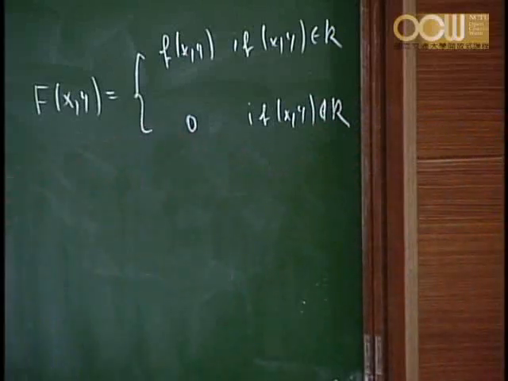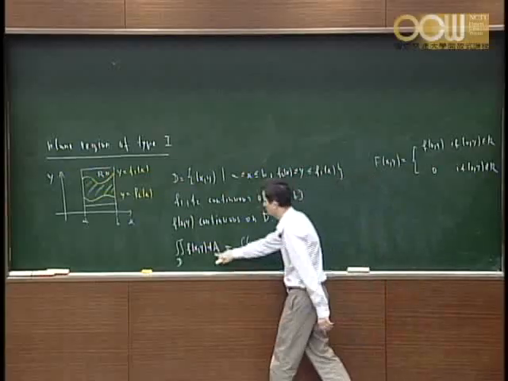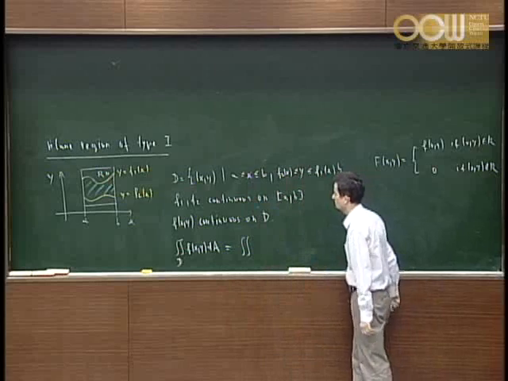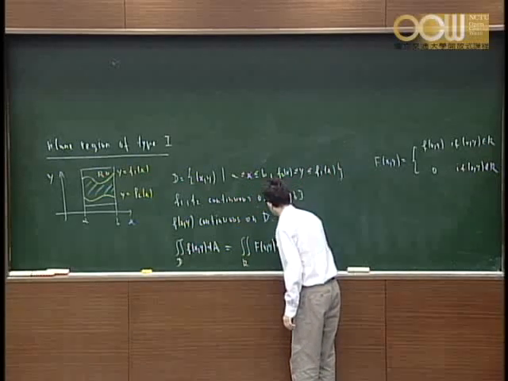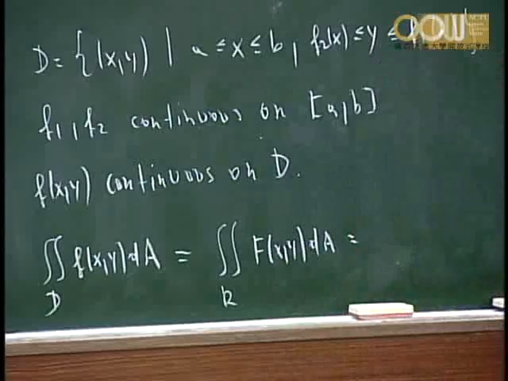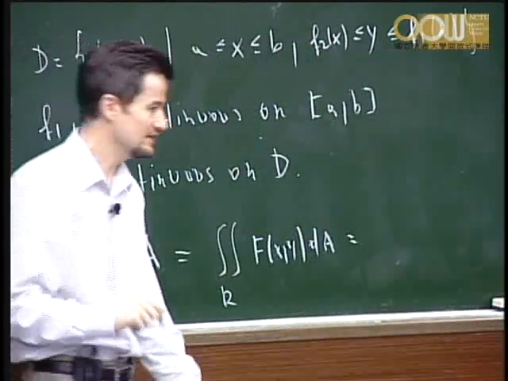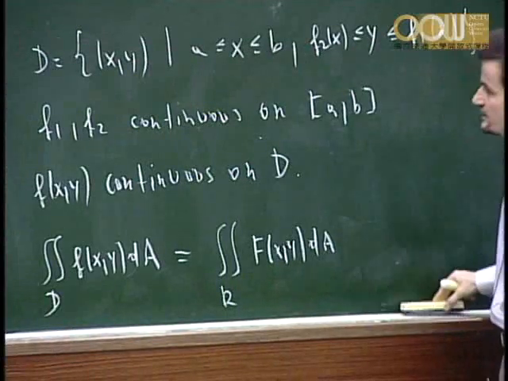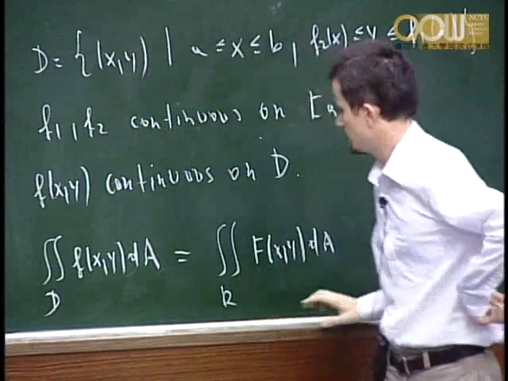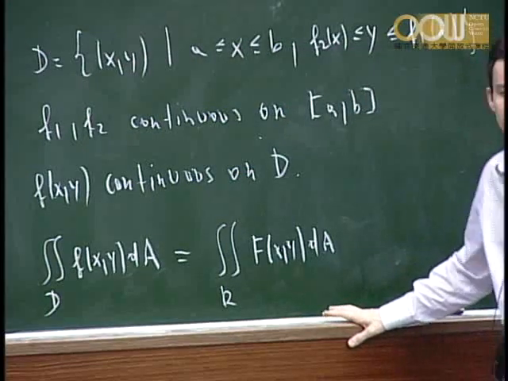Using this, we have defined this symbol as the double integral over R of this new function. Now, I should first mention that this will always exist if the boundary of D is not too ugly.